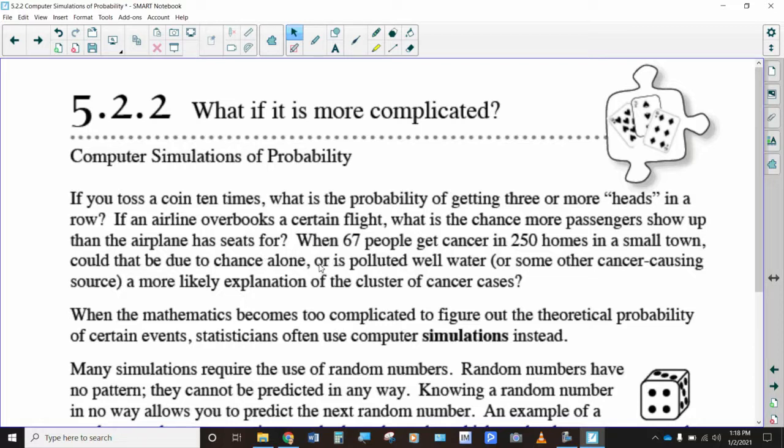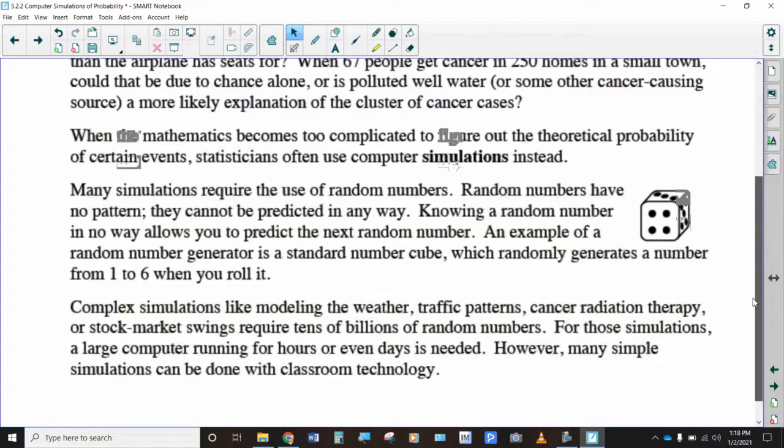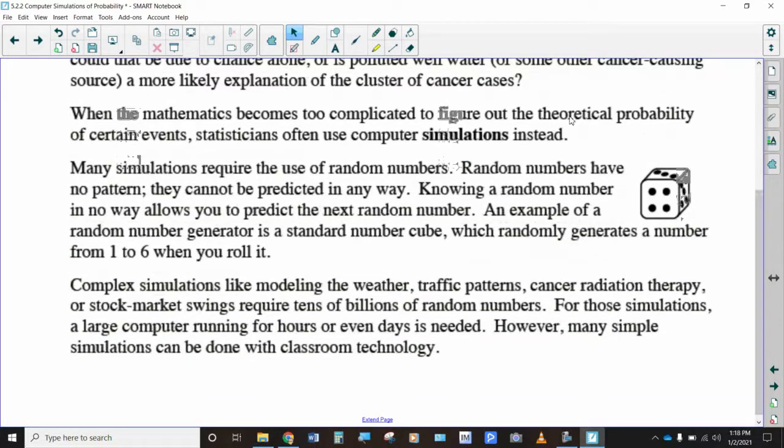When 67 people get cancer in 250 homes in a small town, could that be due to chance alone, or is polluted well water or some other cancer-causing source a more likely explanation of the cluster of cancer cases? When the mathematics becomes too complicated to figure out the theoretical probability of certain events, statisticians often use computer simulations instead. Many simulations require the use of random numbers.